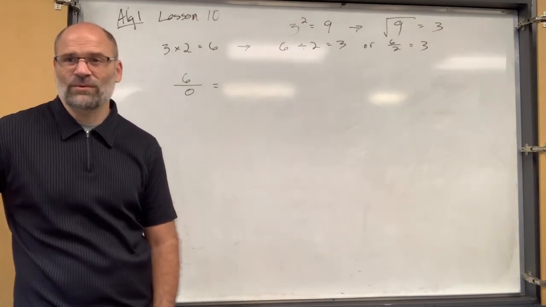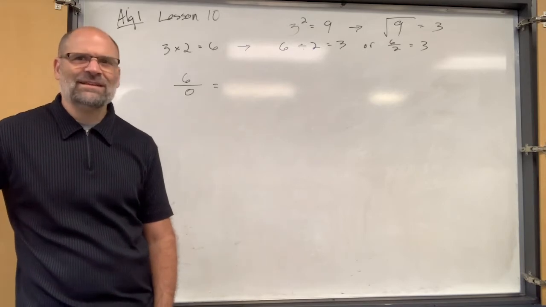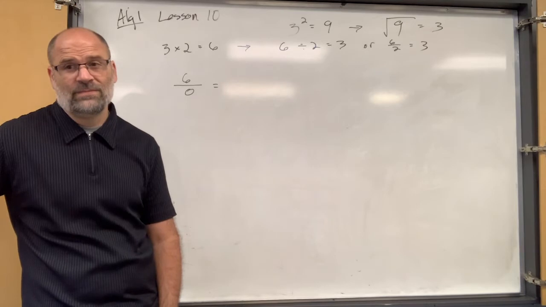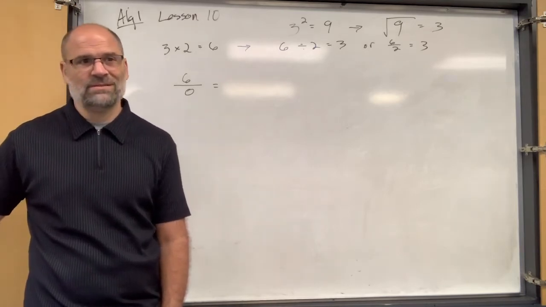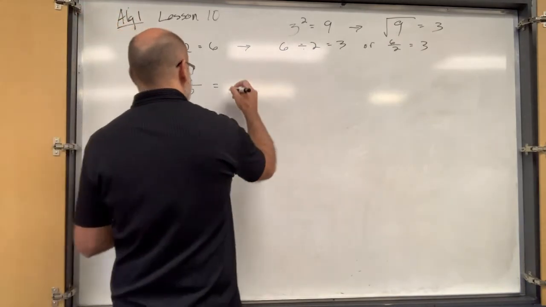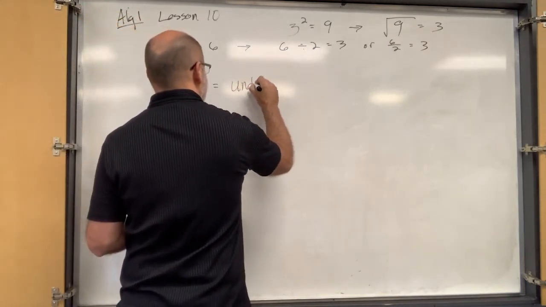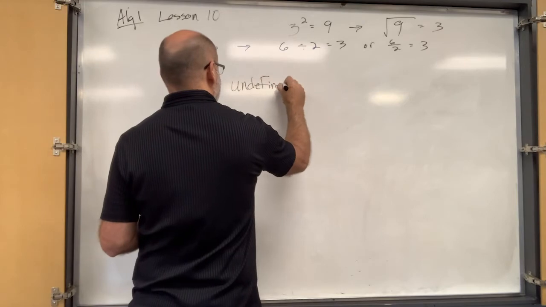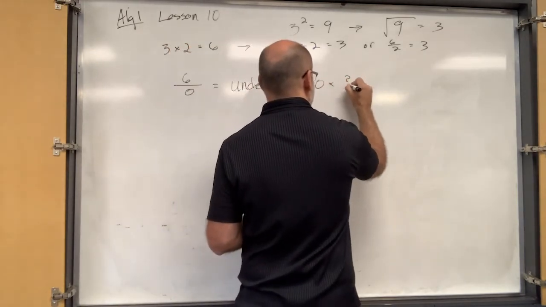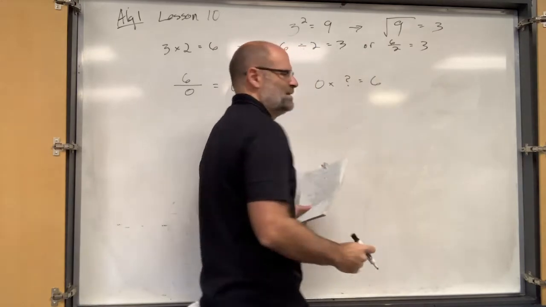That's a great answer. There's nothing. You can't multiply anything by 0 to get 6. Trick question. It is kind of a trick question. It's not even a question. We call this undefined. Right? Because 0 times what equals 6? Nothing.